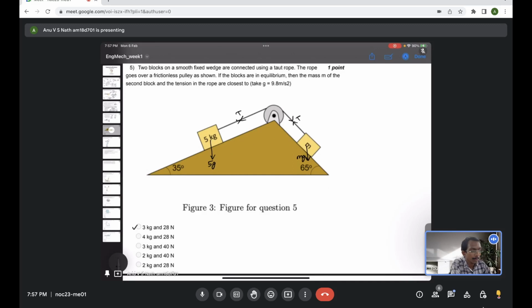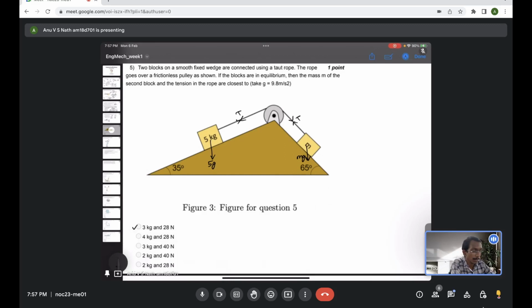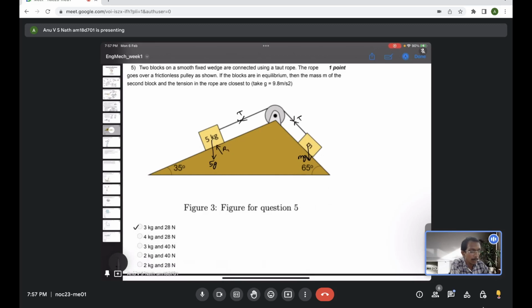So if we just consider the free body diagram of the 5 kg block, what are the forces acting on it? So one is this 5g weight acting downward. Then from the surface there will be a reaction force acting, let's say it's R1. Then the tension T acting on the body. At equilibrium, these are the three forces acting on the body.